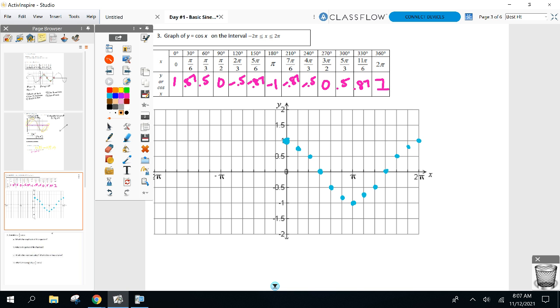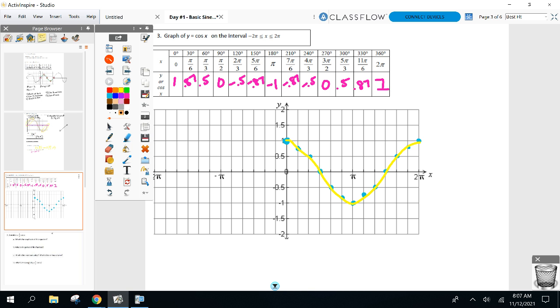And again, smooth curve. Make sure we have a curve at the bottom of that graph there and not a V shape. So there's your cosine curve.